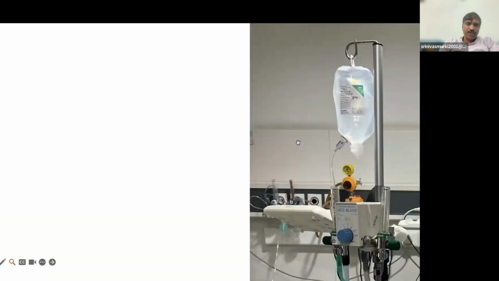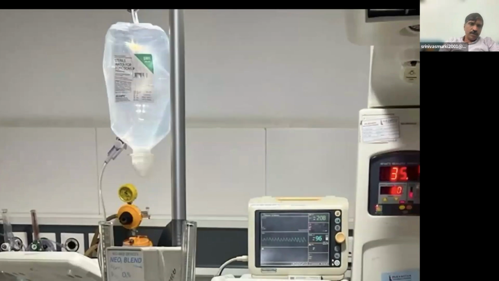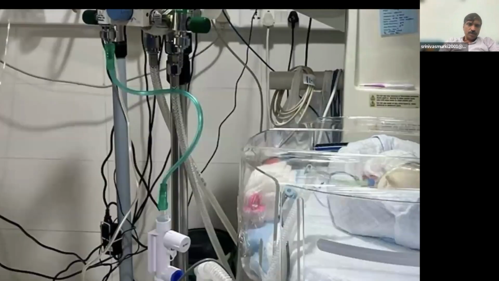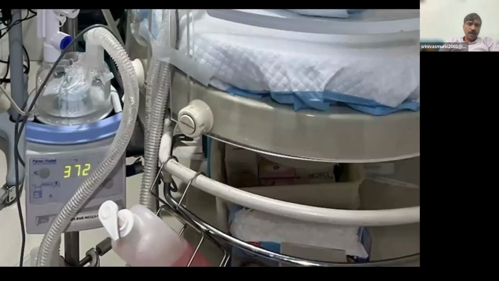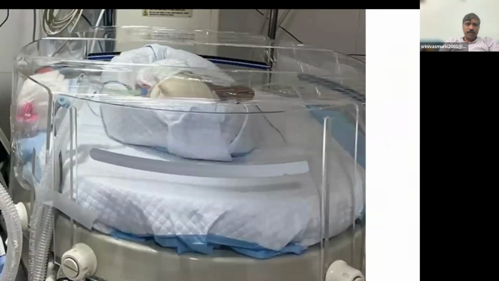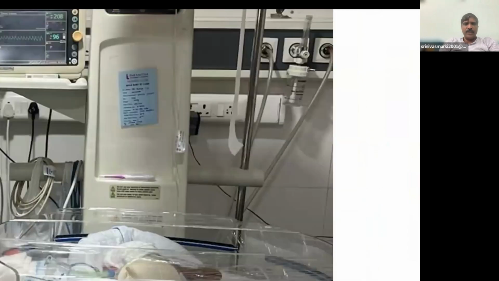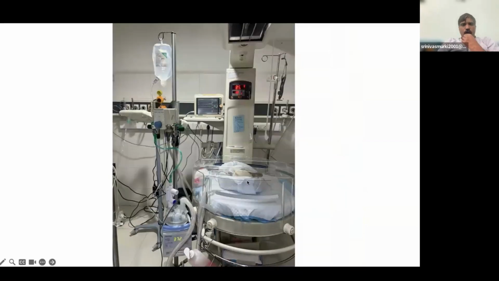Baby is maintaining good saturation. So what is shown? Inspiratory limb, no condensation. Baby is lying on the side. What problem is here?